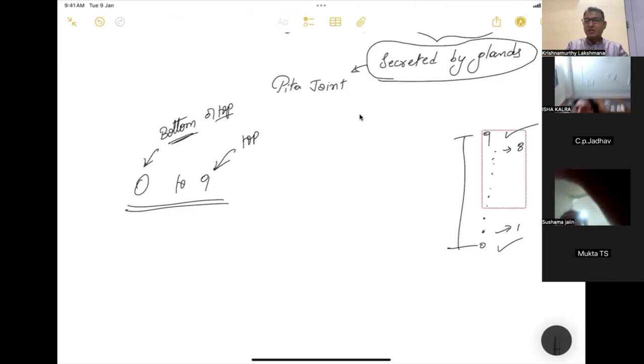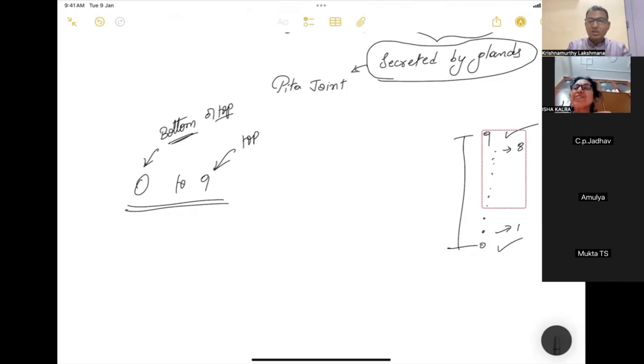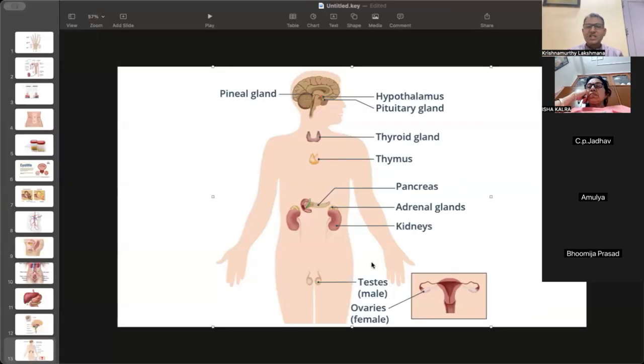Making sense? So this is the list of glands which are there in the body. Testes and ovaries are at the bottom, and as you go up, the hypothalamus is at the top.